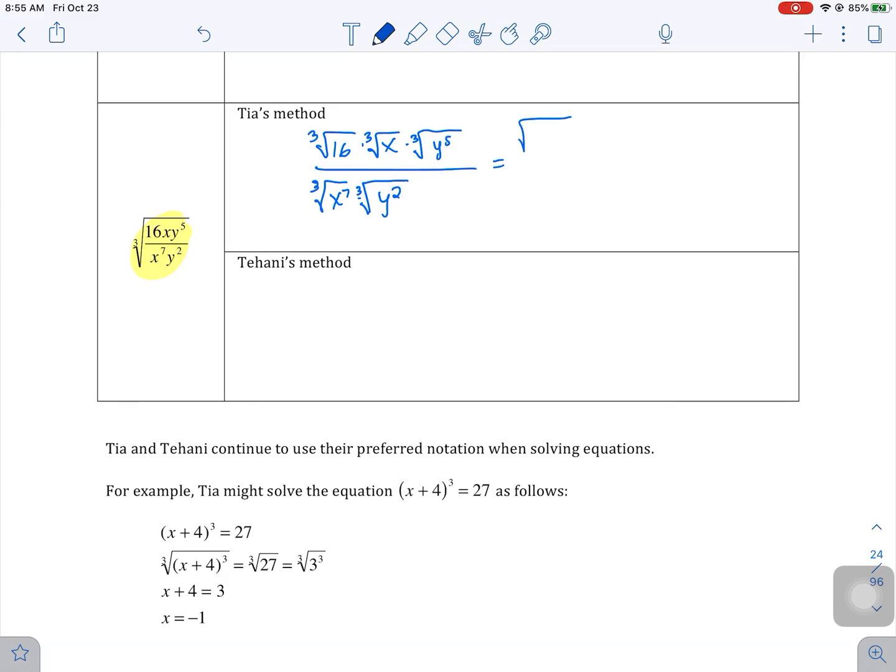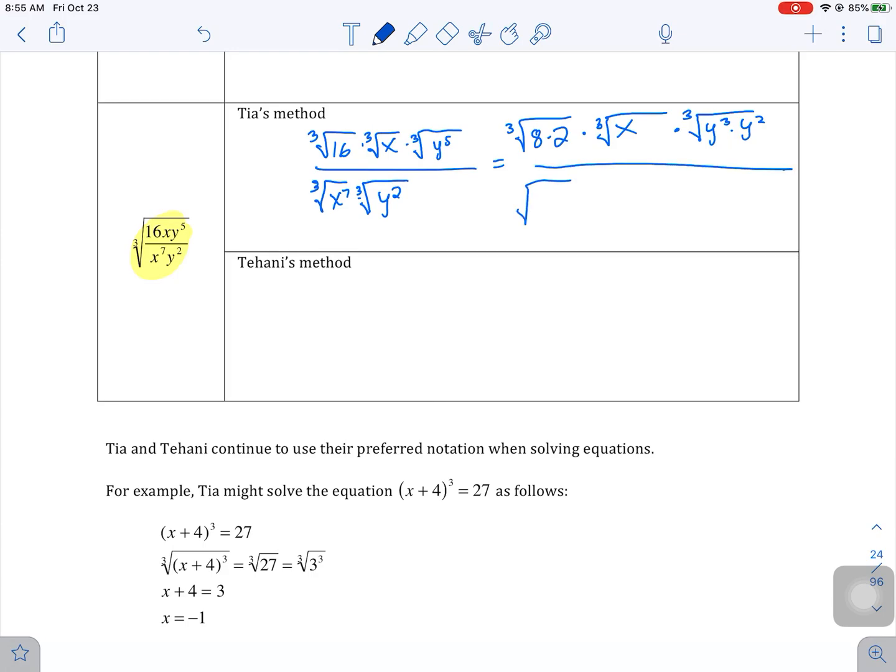So the first one I'm going to rewrite as the cube root of 8 times 2. And then I'm going to do the cube root of x. There's nothing we can do about that. And then I'm going to do the cube root of y cubed times y squared. And this is going to help us to simplify.